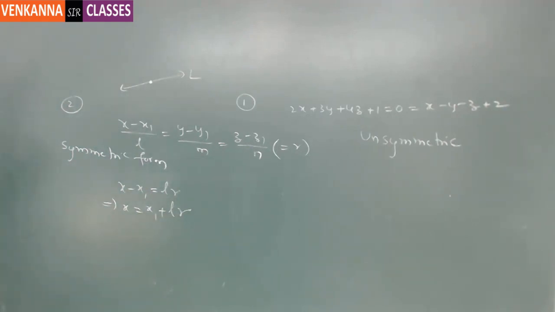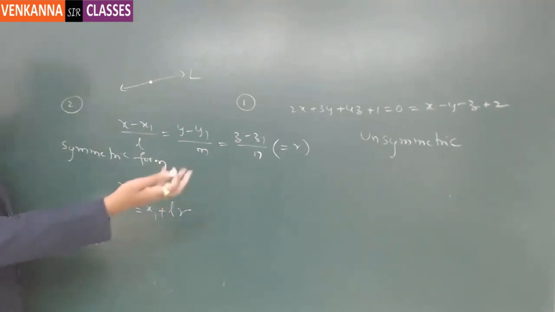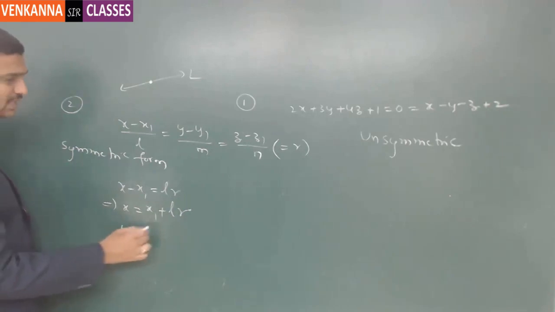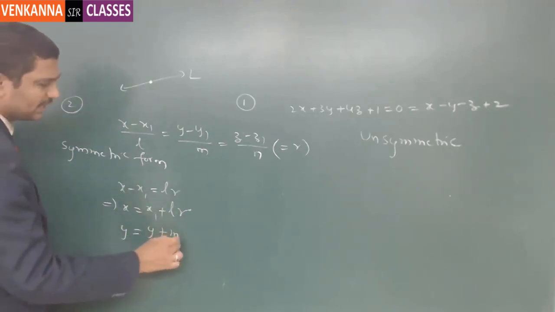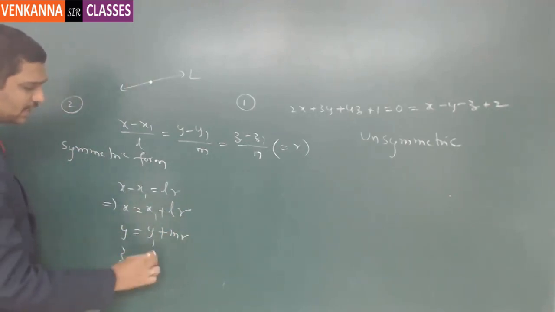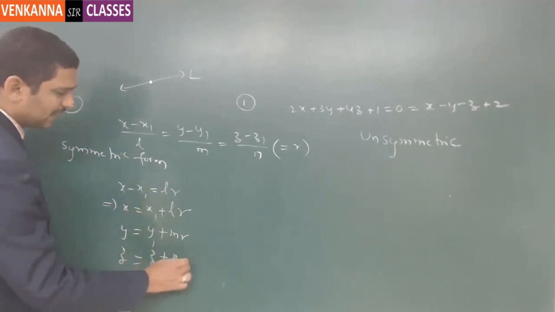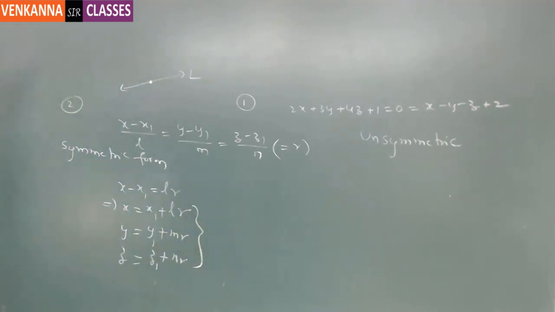Similarly, making the remaining terms equal to the proportionality constant r, you can call r as a parameter. So you will get y is equal to y1 plus Mr, z is equal to z1 plus Nr. So this type of notation, we call it as parametric form.